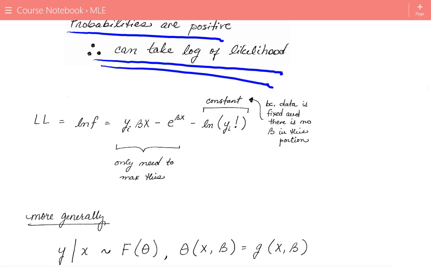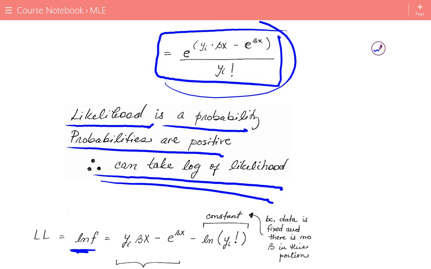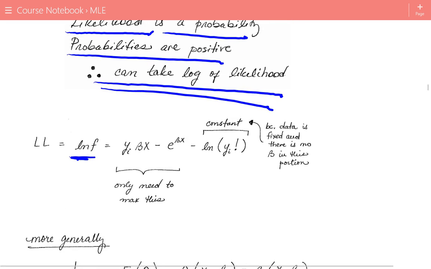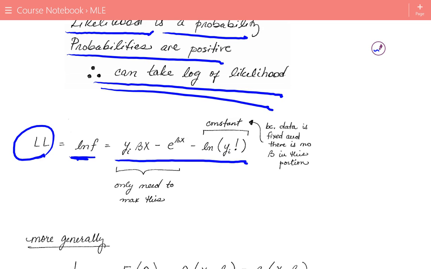So looking at our log likelihood expressed in terms of the densities, it's going to have to do with the log of this density. You take the log of the density above, and you get this. Now I want to maximize this log likelihood with respect to beta.